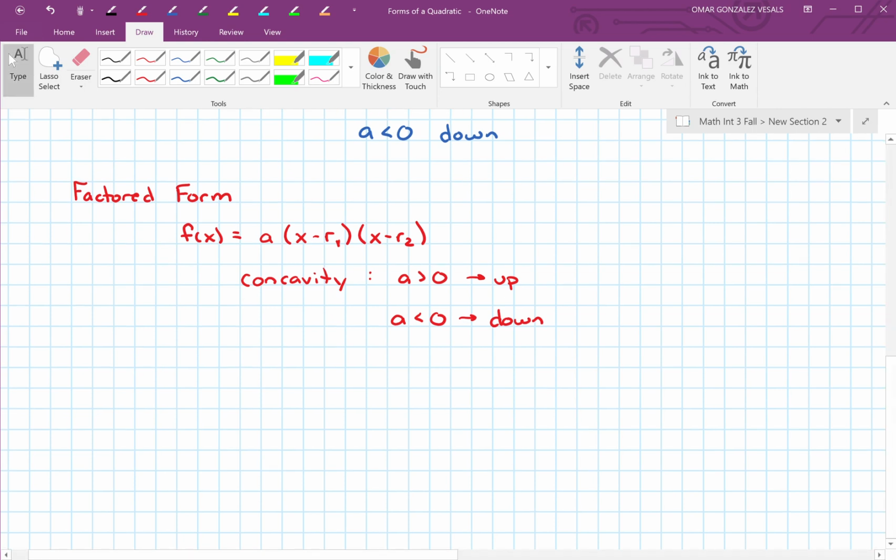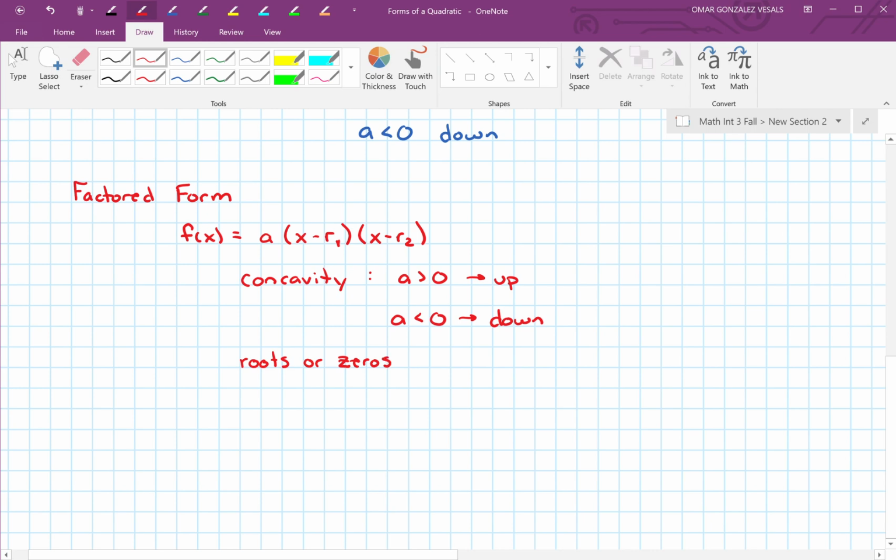No vertex though. So you cannot get the vertex from this. But what it does give you is the roots, also known as your zeros. Is there an E on zeros? Who's the English people? There's no E, right? So just like that.